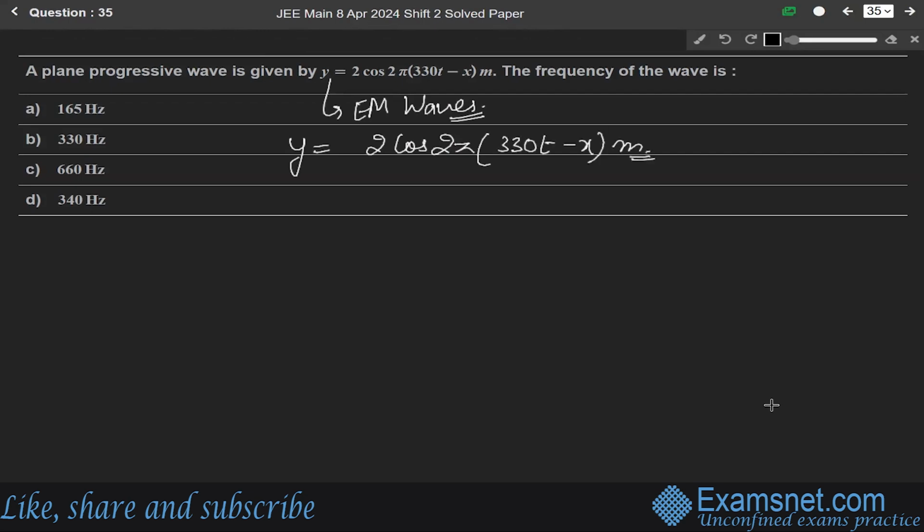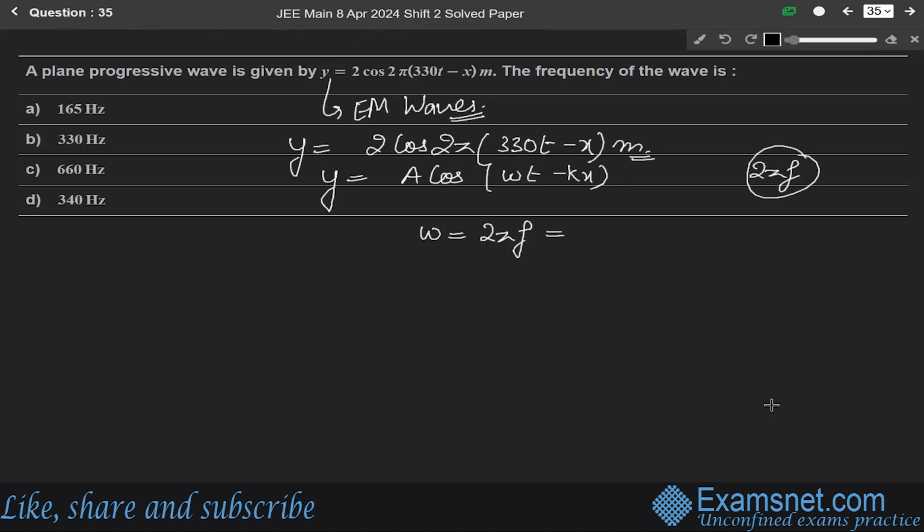Okay, so comparing it with the standard equation, y equals a cos(omega t minus kx). So from here we see that omega, we know that omega is equal to 2 pi f.